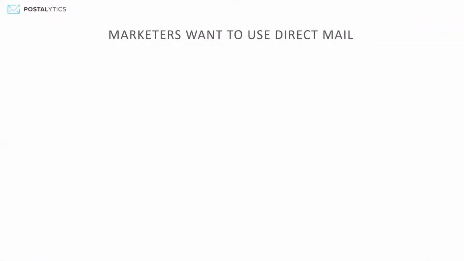So what about direct mail? Well, as we said, direct mail stands out, and there are some really strong reasons why marketers want to use it. First, there are very high response rates.